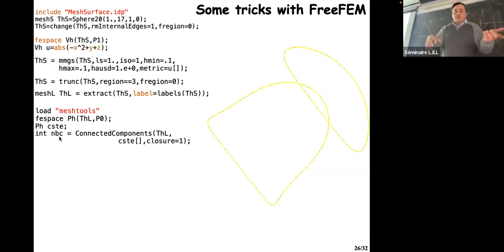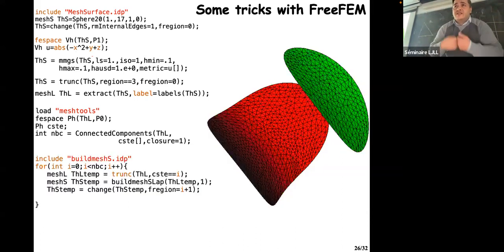The NBC is 2, and we can build the mesh now with buildmeshS. Using buildmeshS, we can trunc the line of each value. So each line here is truncated. Using buildmeshS lab, it gives a surface, a minimal surface using the Laplacian over the border. This is something new done by Frederic.